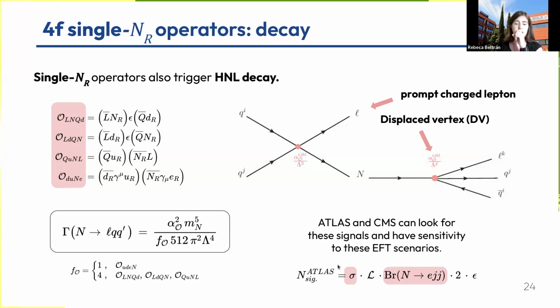So one can estimate the number of expected signal events at ATLAS by computing the cross-section and computing these branching ratios, and also simulating what is the detection efficiency.